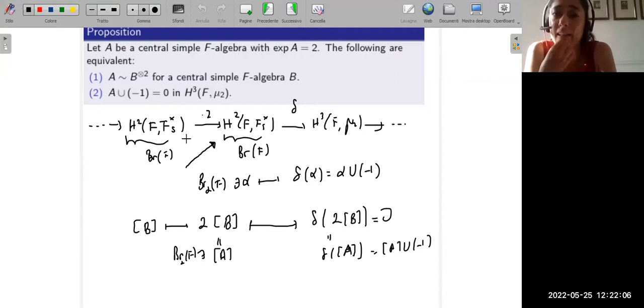I would expect that it is more possible for p squared than for powers of 2, but I haven't found the time yet. I would first try to do it in a similar way. Okay, thank you.